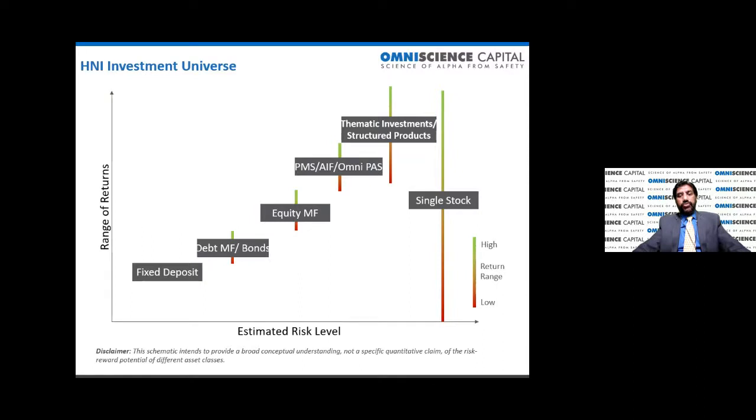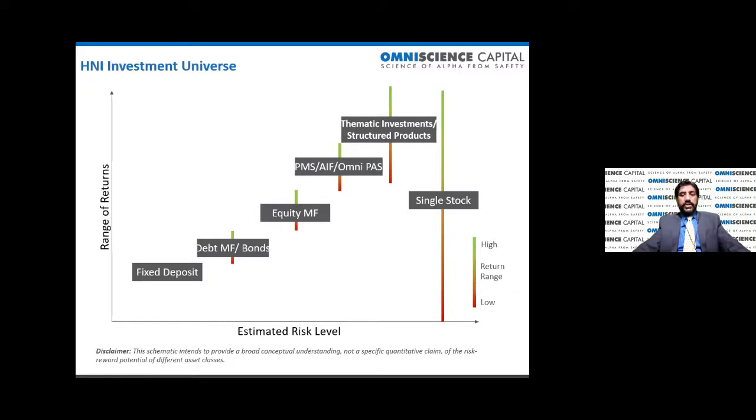Then you have equity mutual funds with significantly more risk compensated by significantly higher returns. Beyond that, to an HNI, PMS, AIF, or sophisticated advisory portfolios are available. Beyond that, there are structured products and thematic investments with still higher risks and returns. And last, the highest and riskiest is single stocks or trading portfolios. But again, there is a range provided there.